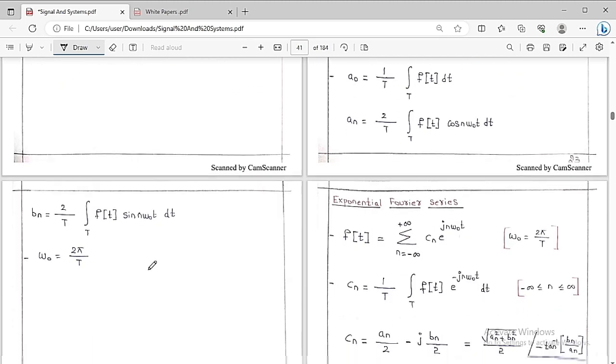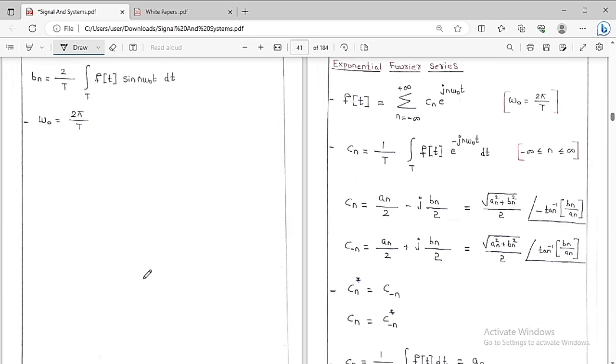So finally, if I do summarize what I will tell, listen carefully. Suppose I am going to summarize: remember f(t) = a0 + sigma n=1 to infinity [an cos(n omega0 t) + bn sin(n omega0 t)].